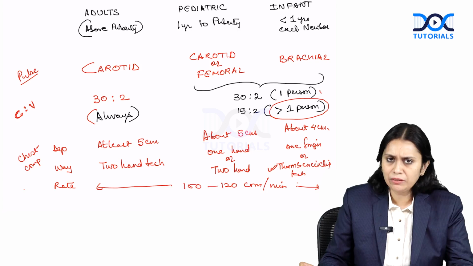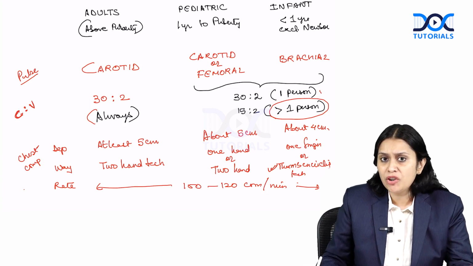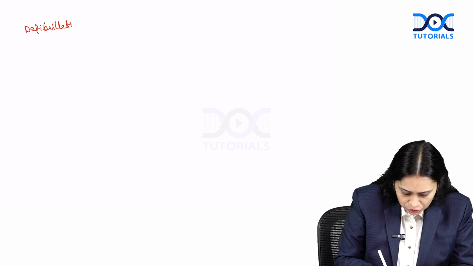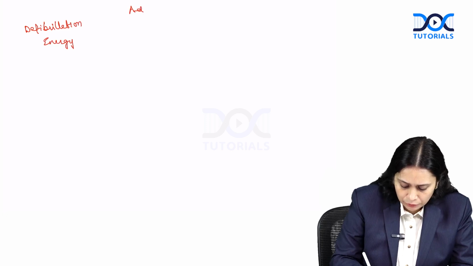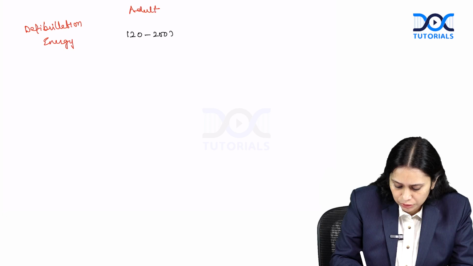Now what is the other thing which is changed? Let's talk about the energy of defibrillation. For adult, we start from 120 to 200 joules.